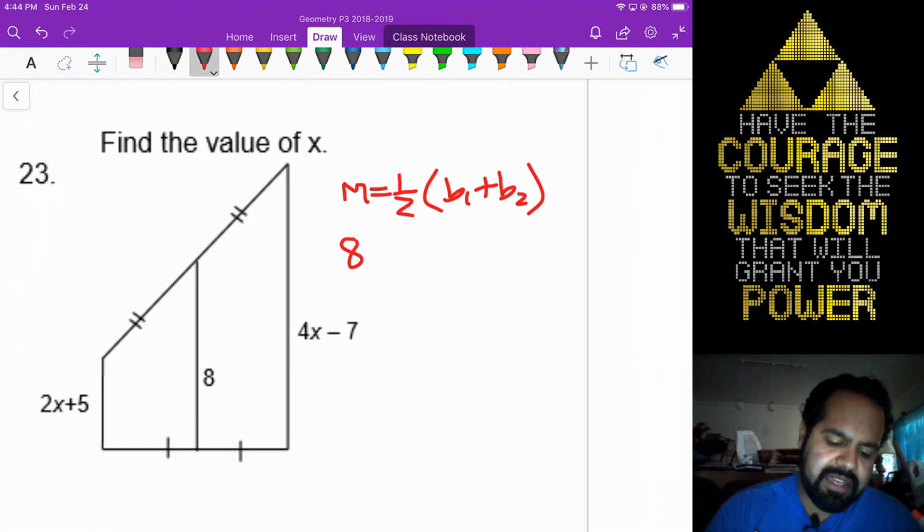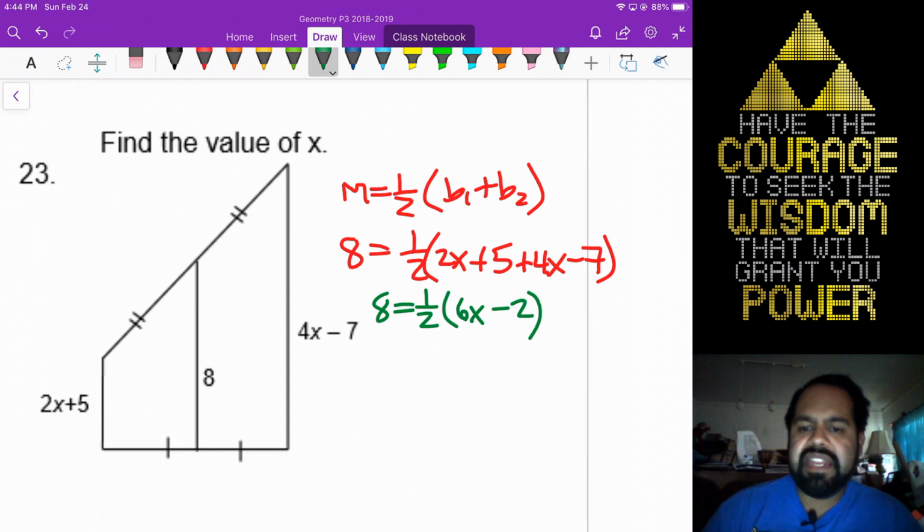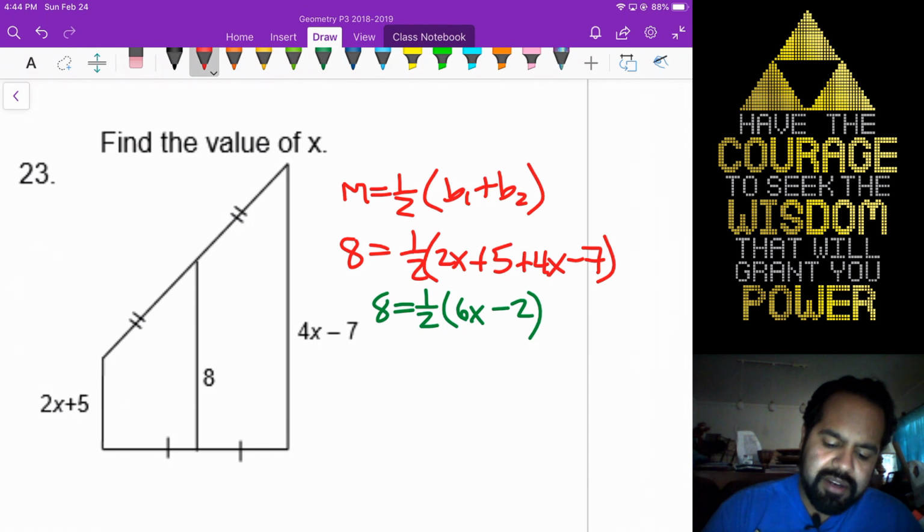So then we're going to have 8 equals 1/2 2x plus 5 plus 4x minus 7. So 8 equals 1/2 of 6x minus 2. Now, since the numbers here are all divisible by 2, it's not going to hurt you to distribute the 1/2.